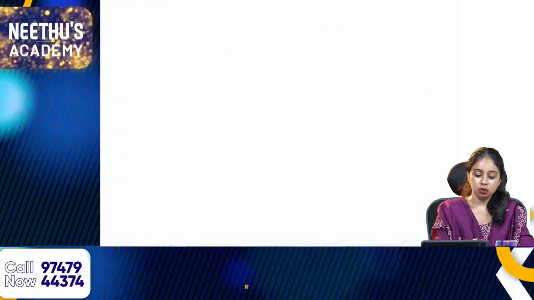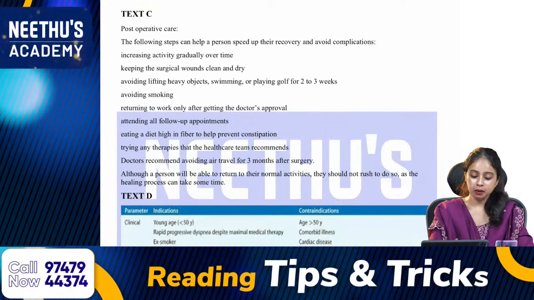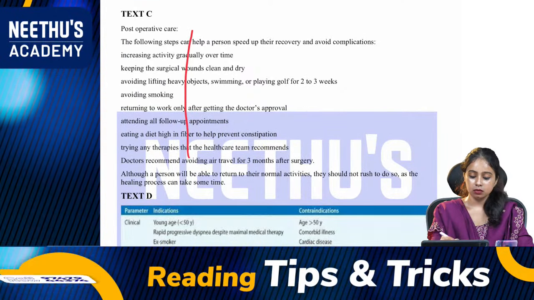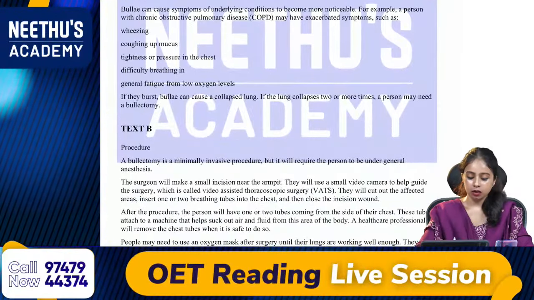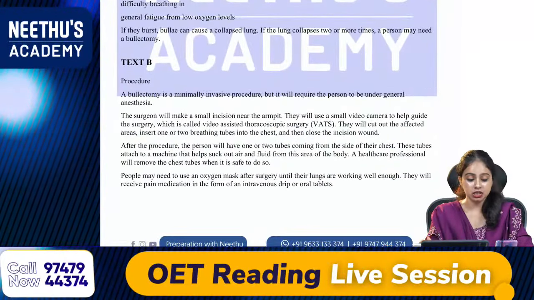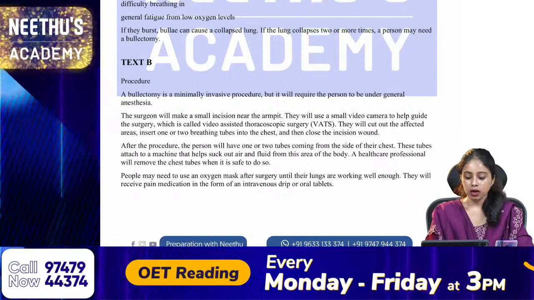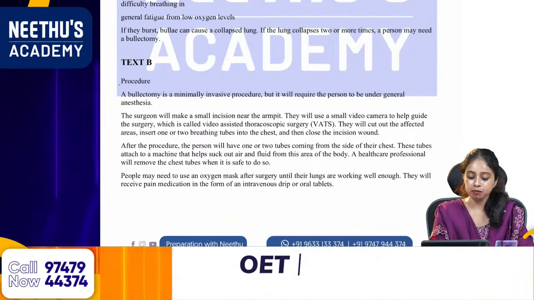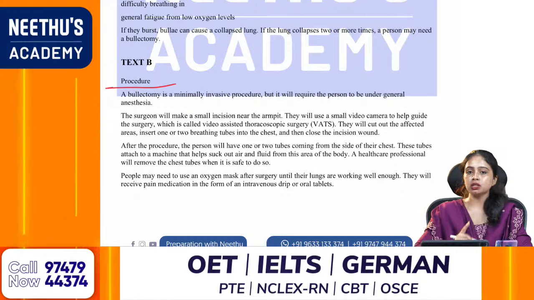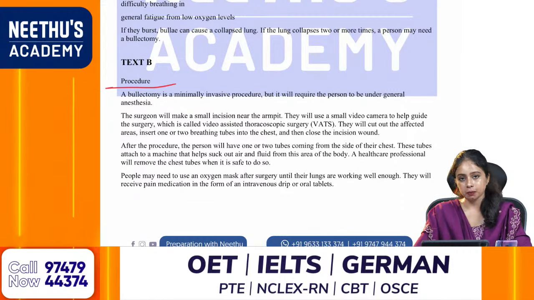So yes, I am taking text B. As you can see here, it's all about procedure. See the procedure. When you mark the keywords from the text, you have already marked the title, procedure. So what are the things that you will mark while reading part A?